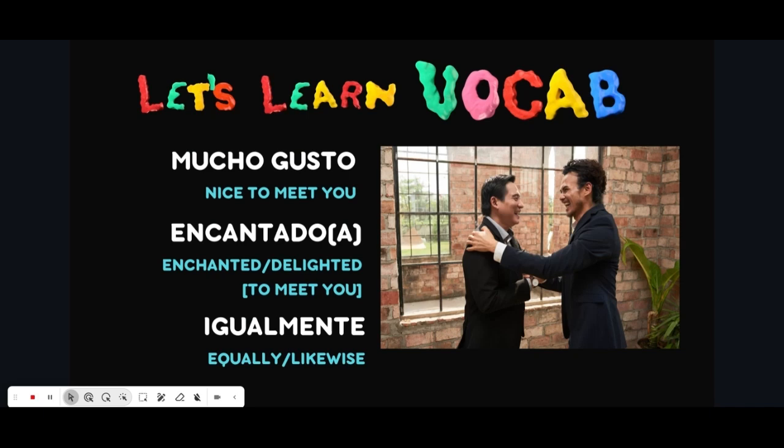Encantado, encantada. Igualmente is like saying equally or likewise. And you can kind of hear that igualmente sounds like equally. And a lot of times when you see an ly word in English, you will see an mente at the end of that, okay? Igualmente, equally or likewise.